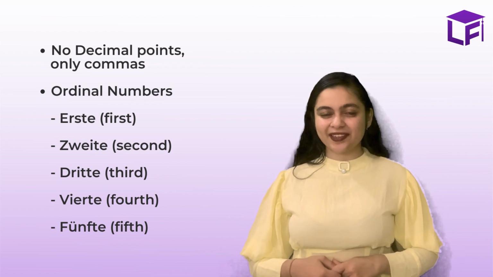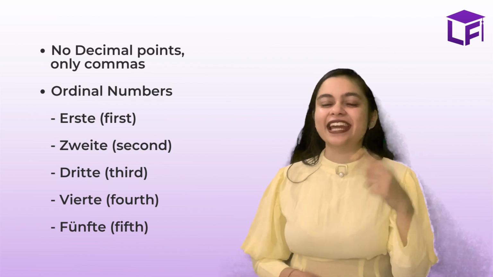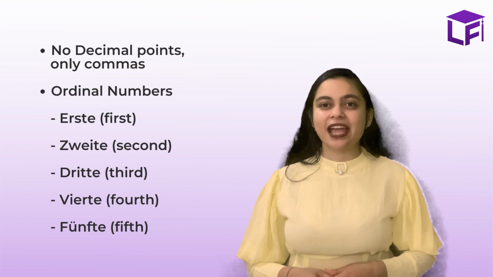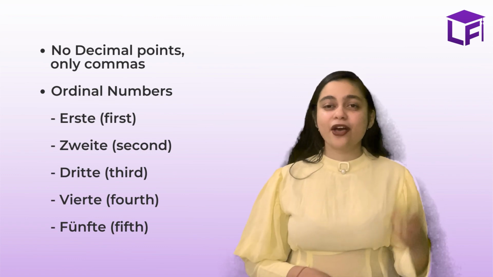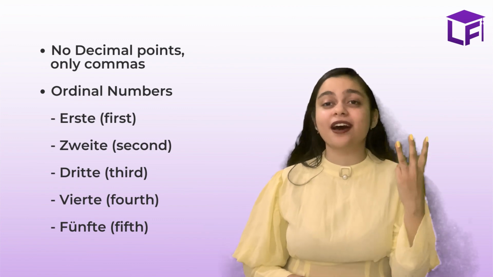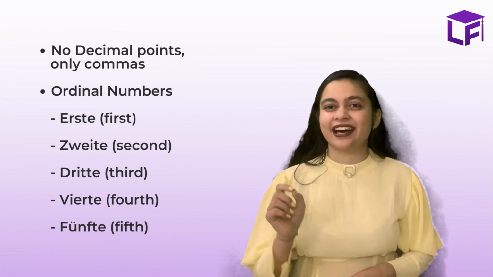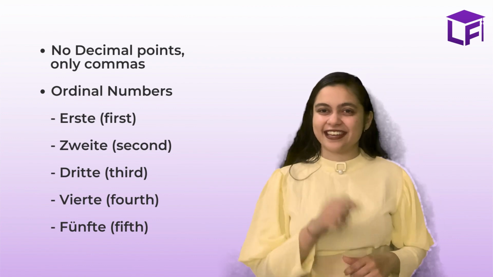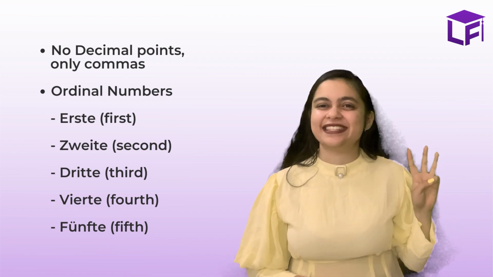Okay? Then, how do we say second in German? Second in German is called Zweite. Then, third in German will be pronounced as Dritte. So we have Erste, Zweite, Dritte.